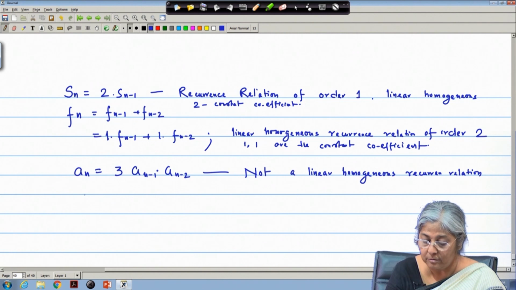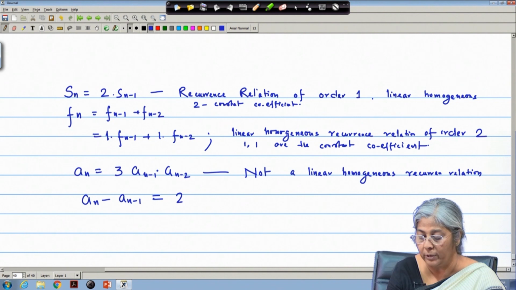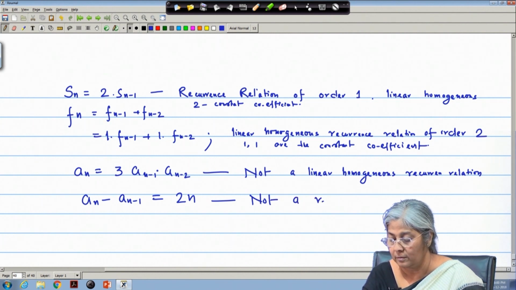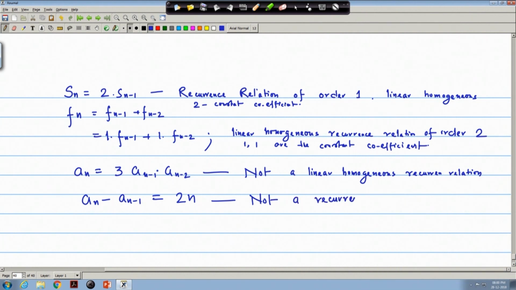Or if I write a_n minus a_{n-1} equal to 2n, this is not a recurrence relation, since there is no relation here where the nth term depends on the predecessor like that. Or if I write a_n equal to 4n a_{n-2}.